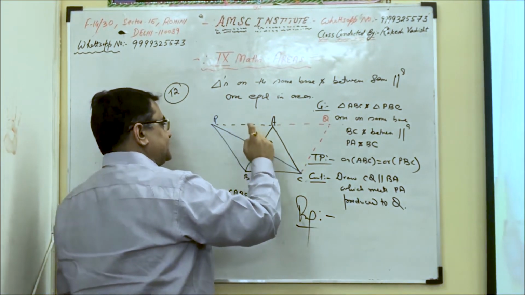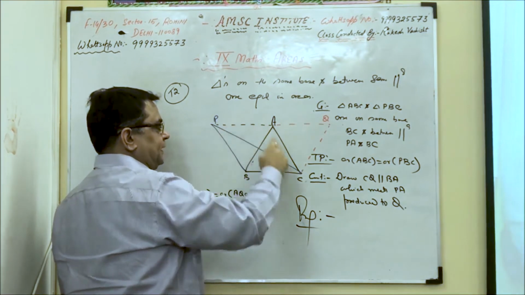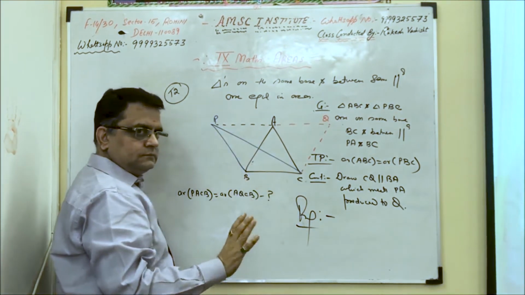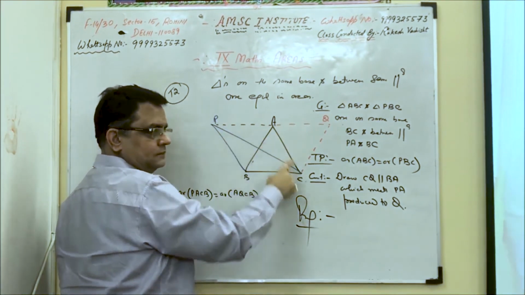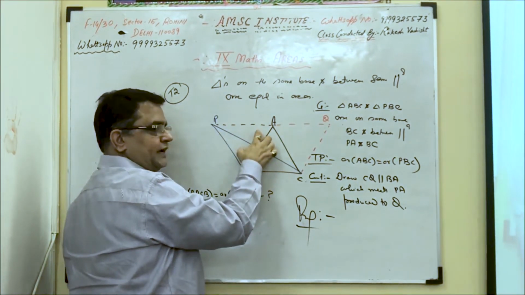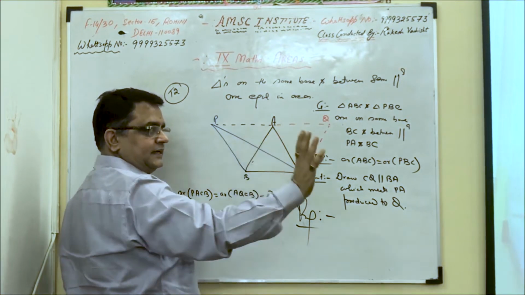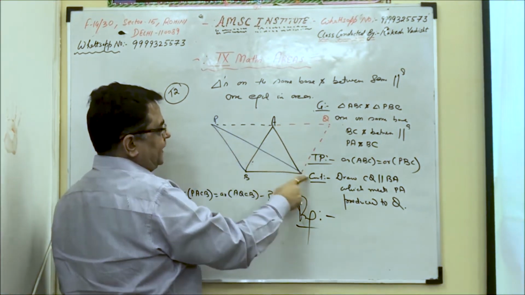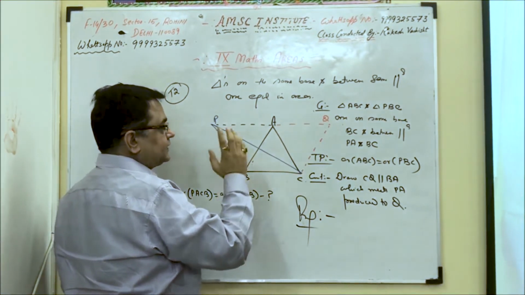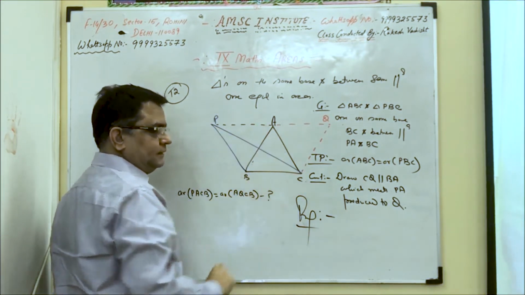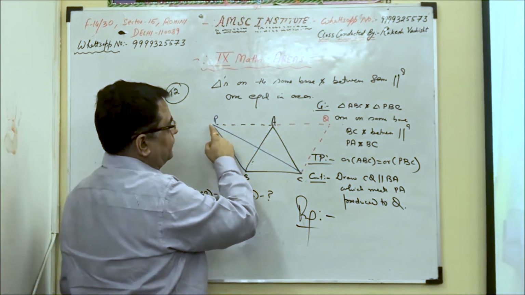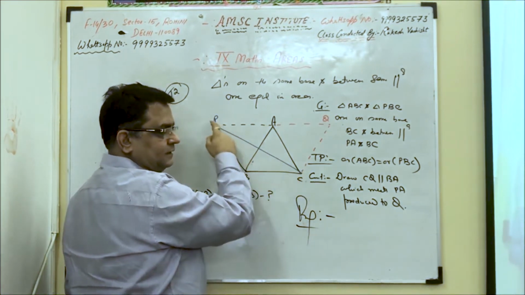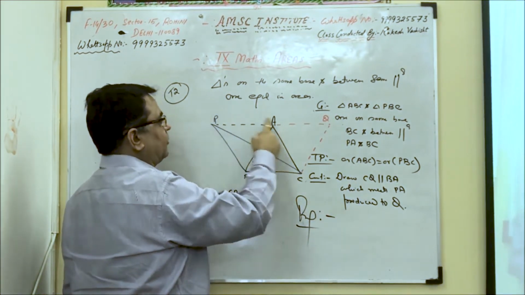Now PBC plus PAC accumulates PACB. The sum of this and this triangle makes this parallelogram. And these two triangles are same in terms of their areas, and hence I can say that the area of PBC is half of PACB. Agreed or not?